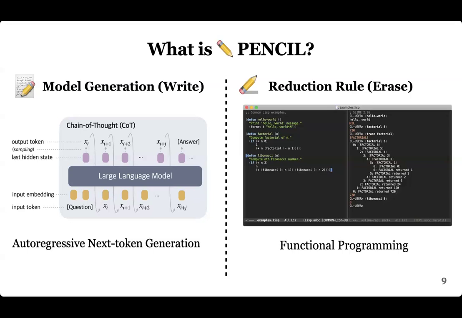When the function returns, it erases the stack frame and only returns the value, because we know that the information stored within that function is no longer useful for the following computations. This is the way we introduce the erasing mechanism in Pencil, similar to functional programming languages.